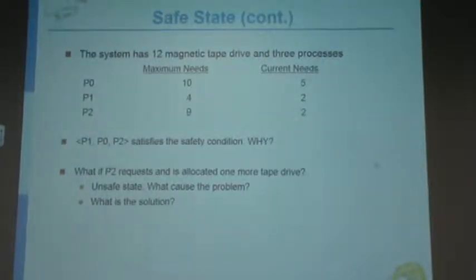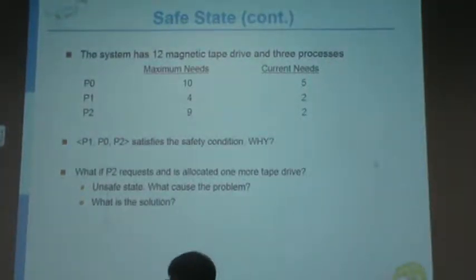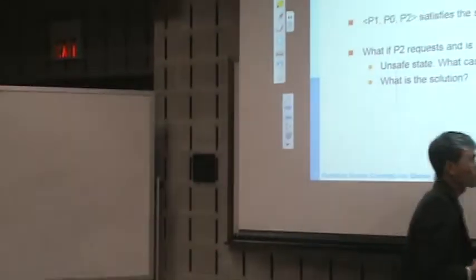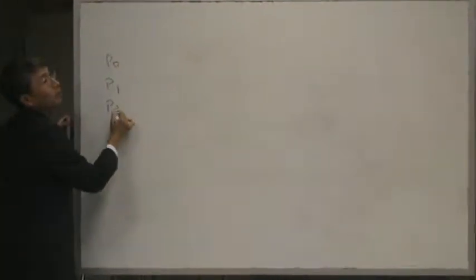So this is a simple example that we have seen last time. We had three processes, P0, P1, P2, and the maximum need to be completed: P0 needs 10 magnetic drives, P1 needs 4, P2 needs 9.